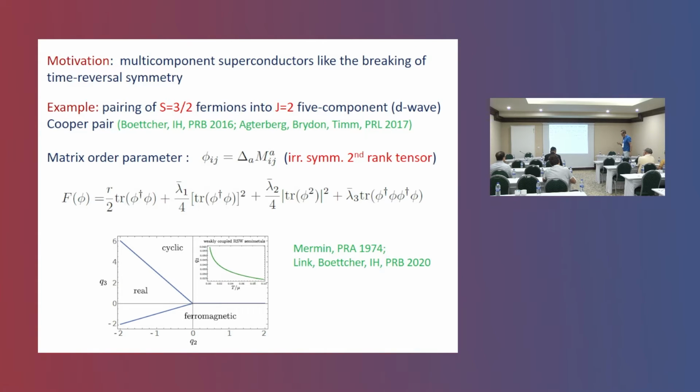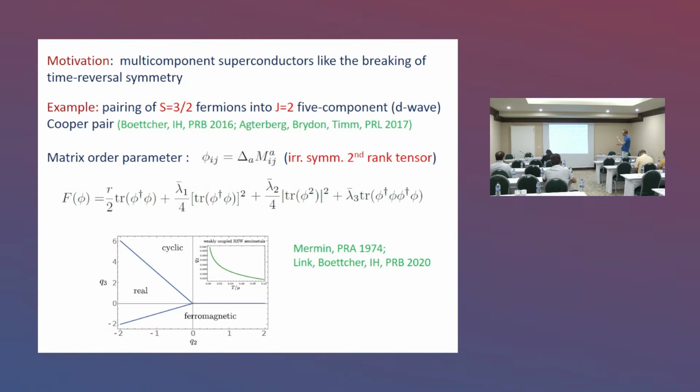Here I have one example which I'm particularly fond of, but it's certainly one of hundreds, and that is the J equals 2, five-component three-dimensional d-wave superconductor that was known a long time ago to people like Mermin, for example, but recently has been revived by us and some other people, where you have a five-component symmetric traceless matrix that is actually a tensor under rotations, and that allows you to write down a rather complicated quartic term in the Ginzburg-Landau theory.